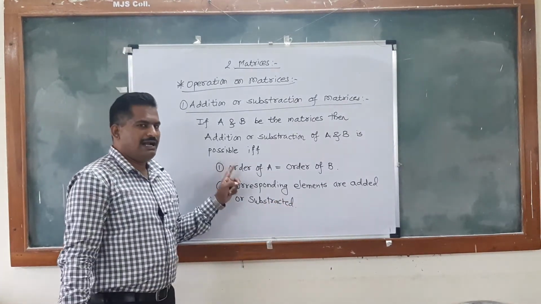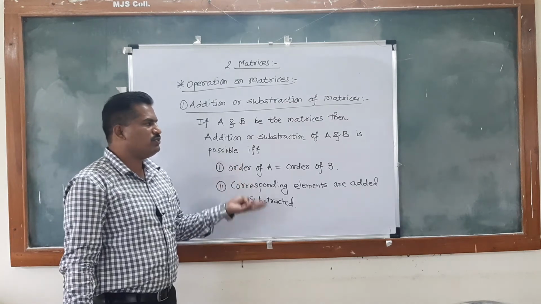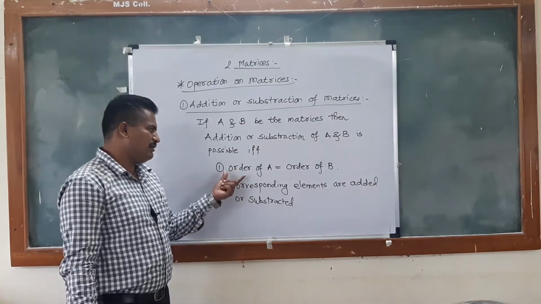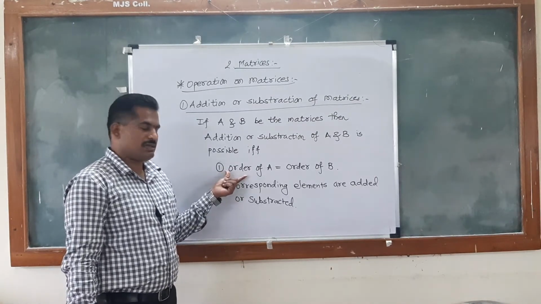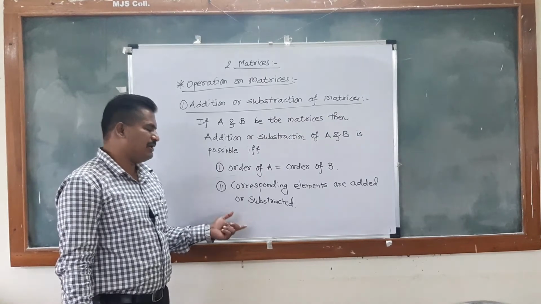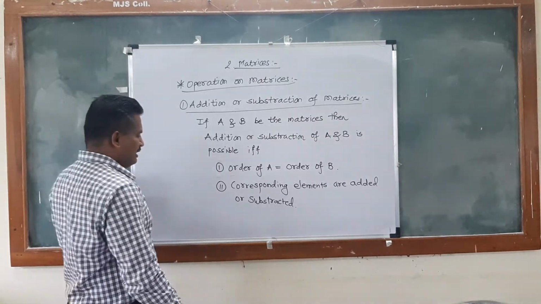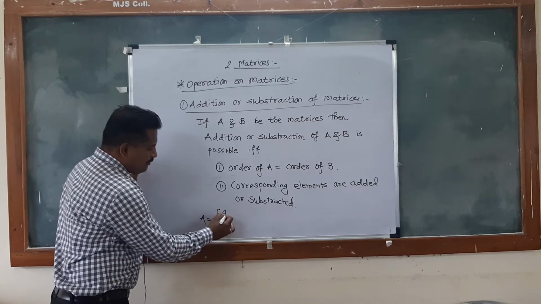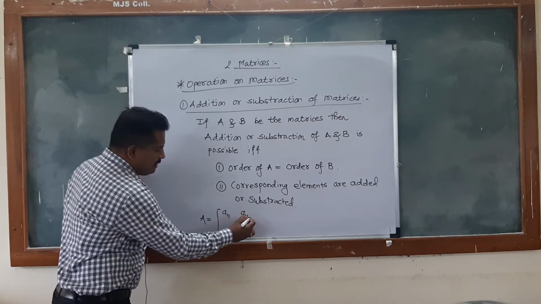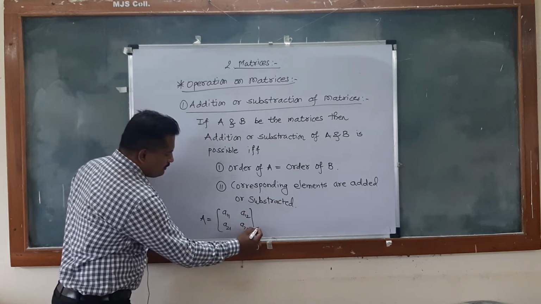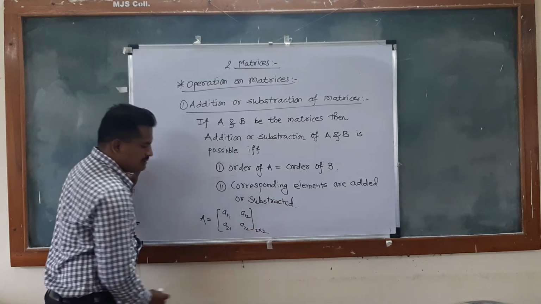That means addition of two or three matrices is possible only if the order is the same, and second, corresponding elements are added or subtracted. If A is a 2 by 2 matrix with entries A11, A12, A21, A22, it is a 2 by 2.